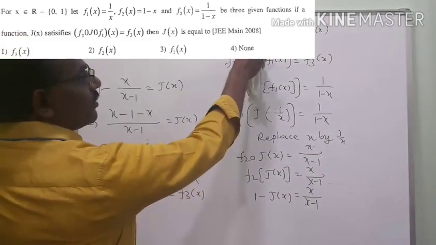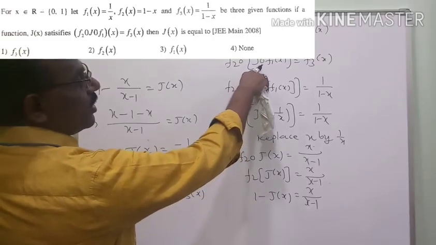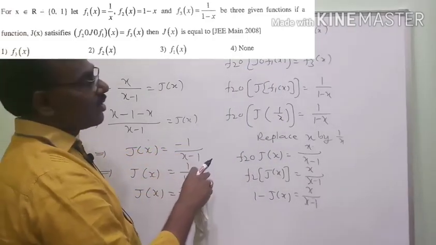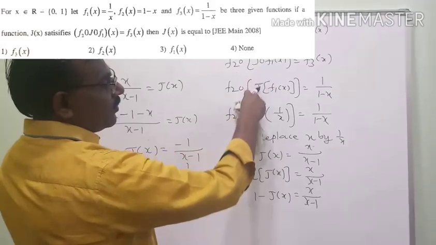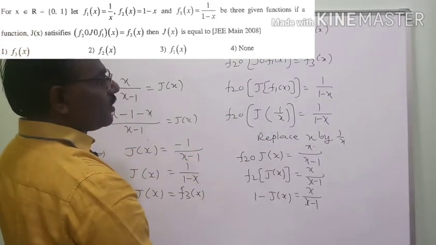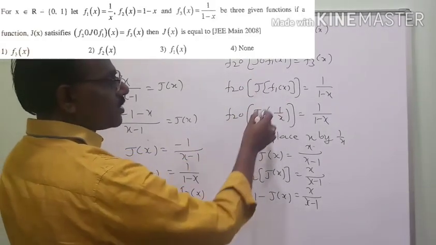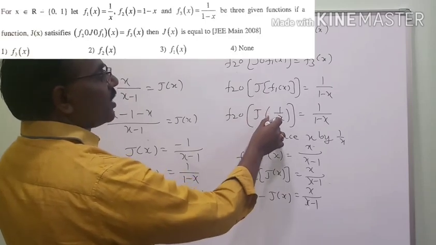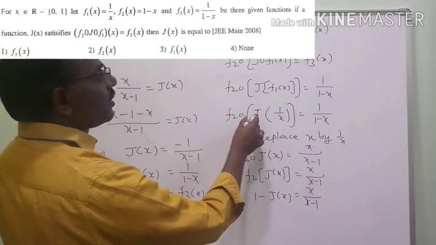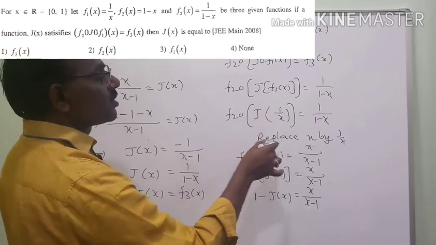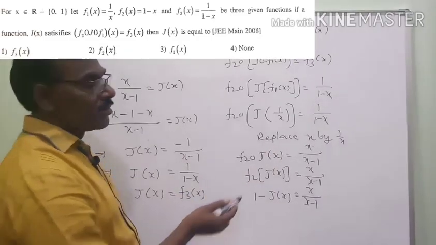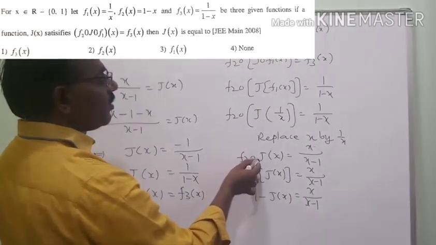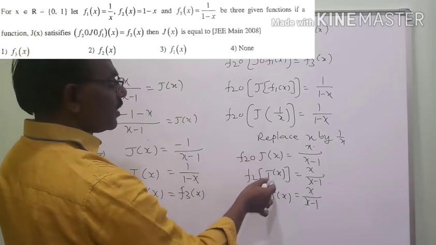So first you should take j composition f1 of x. f1 of x is 1 by x, so j into 1 by x, replacing x by 1 by x because you want j of x. So f2 composition f is f2 of j of x.